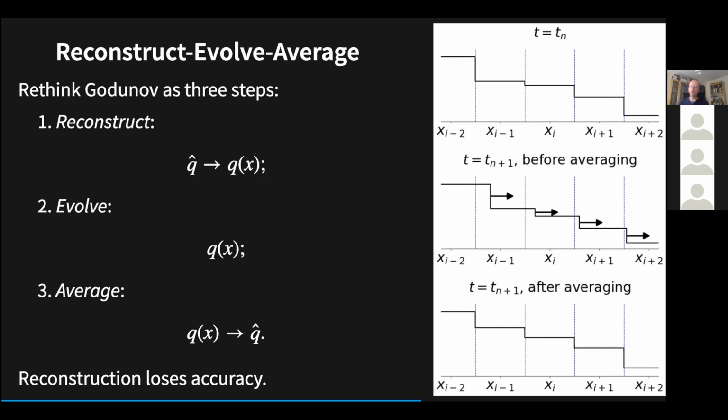So these are the integral averages we've reconstructed to an assumed form of the solution everywhere. We then compute the intercell fluxes, and locally this approximately advects our solution at a certain speed.